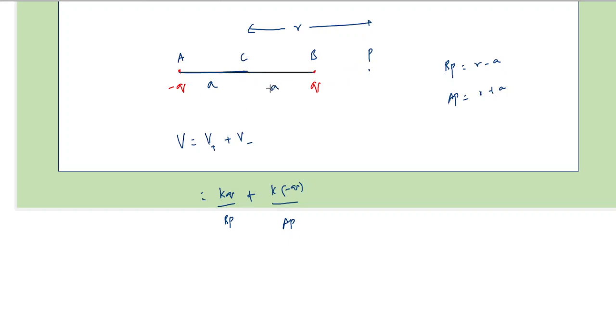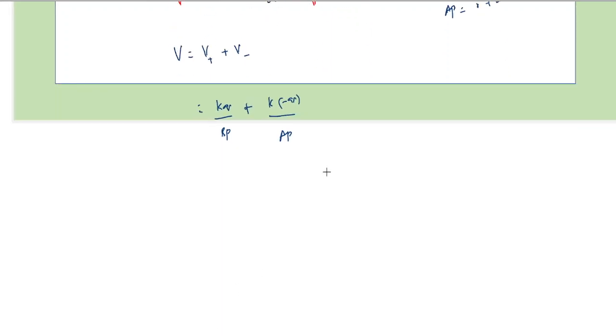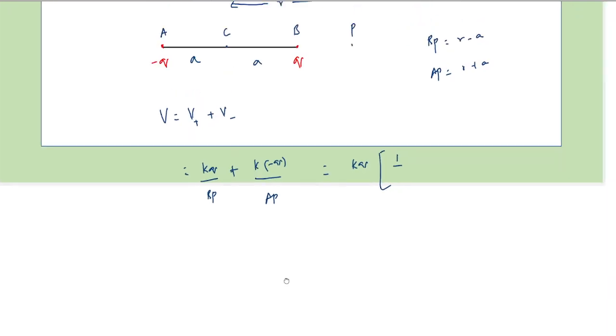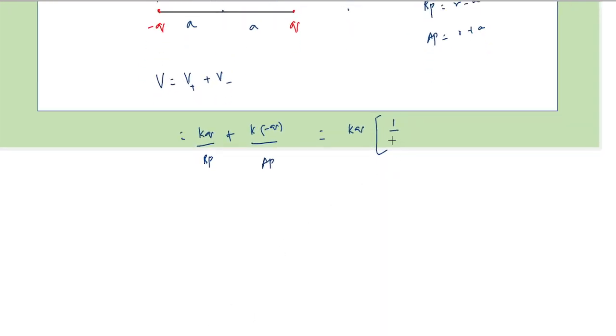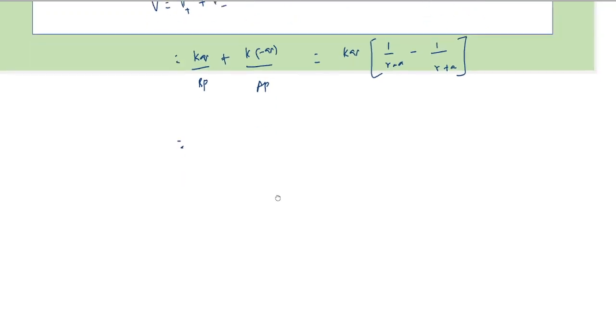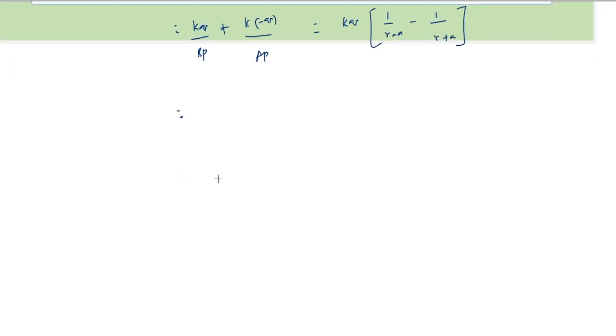AC is a and CP is r, so it becomes r plus a. So putting it back here, we can take kq as common, and what remains is 1 by BP, that is 1 by r minus a, there's a minus sign here, 1 by r plus a. So from this, we'll write this as kq.